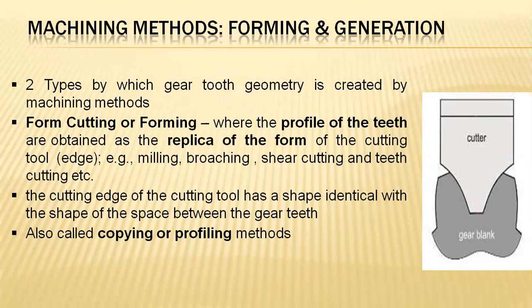Majorly, we have two different methods for getting the gear tooth as per the desired geometry on the work parts. The first one is the forming process and the next one is the generation process.